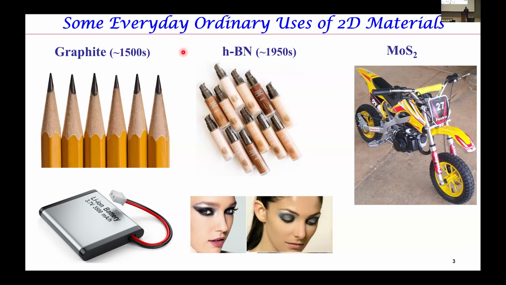And then MoS2 is a semiconducting 2-dimensional material. It's commonly used as a solid-state lubricant in a variety of vehicles. So all these commodity or common applications take advantage of the tribological properties of these 2-dimensional materials.